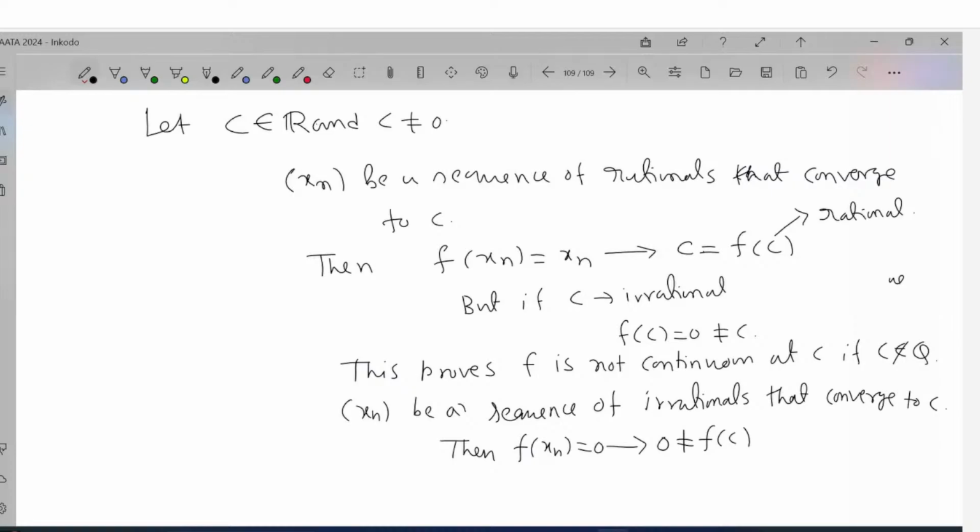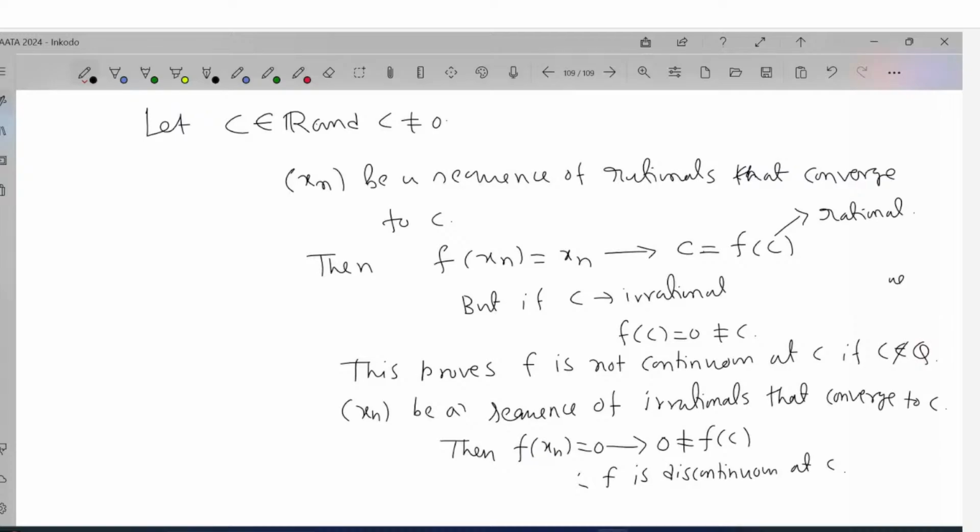So this also proves that the function is not continuous at the irrational point. Therefore, f is discontinuous at c. But this part is actually not needed; anyhow, we did it to see both the cases.